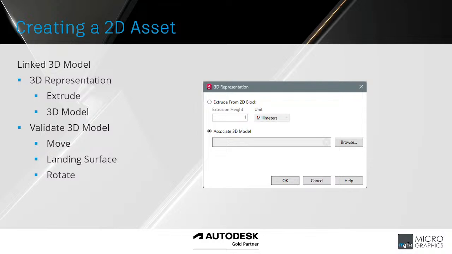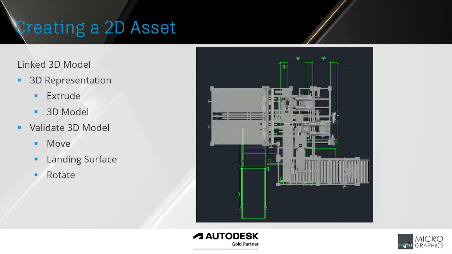And I mentioned part of linking that 3D model is actually validating it. So if the 3D model is not aligned with your block, you are able to move and reset landing surfaces and rotate that model so that it lines up. So we can see here, when I brought in my 3D model, it was rotated out of alignment and it needed to be rotated back.